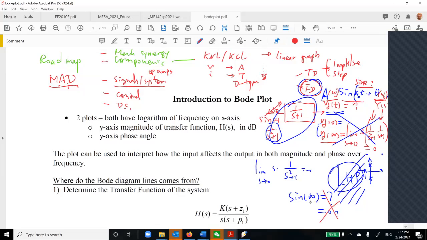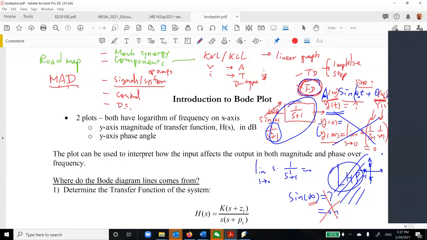If you want to do the infinity, it loses meaning because it's still sinusoid in, sinusoid out. It makes sense to check how its magnitude changes, how its phase changes. So that's why this is called frequency domain response.